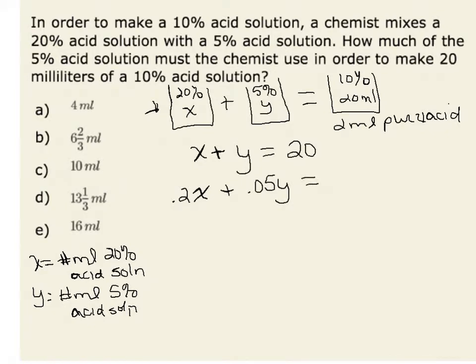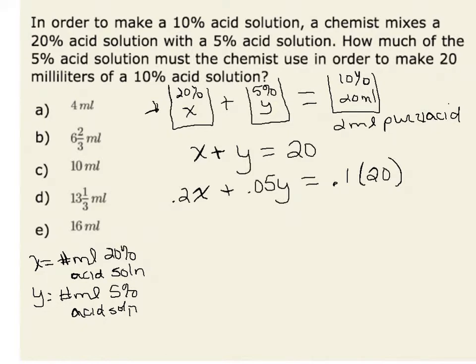And I already know that since my final solution is a 10% acid solution and has 20 milliliters, the amount of pure acid is going to be 10% of 20, which we found to be 2. Now I have two equations.